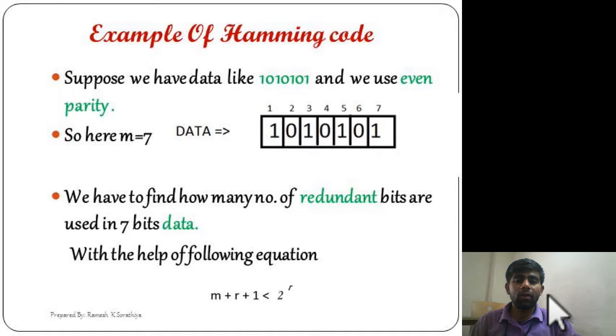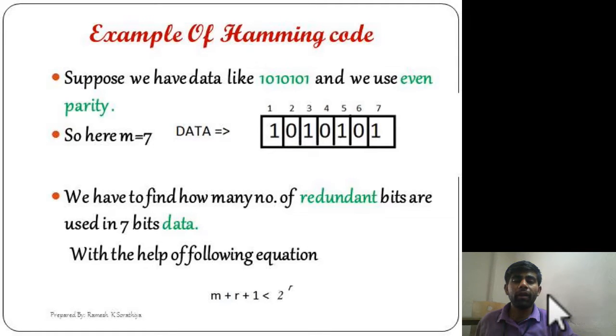Let's take an example of Hamming code. Suppose we have 7-bit data like 1010101, and we are using even parity. So here m equals 7, and we can arrange the data in a sequence from position 1 to 7.